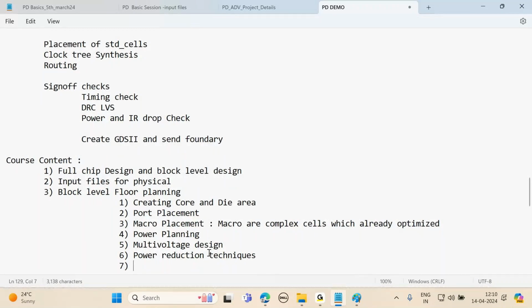Every step is discussed. Creating core and die area: on what factors can you create the core and die area? Who is going to create the core and die area for full chip and block level design? Port placement: what are the rules for port placement? What are the rules for macro placement? If you want to do power planning, how to do power planning? Theory we discuss, and similarly, we do the same thing in the lab.